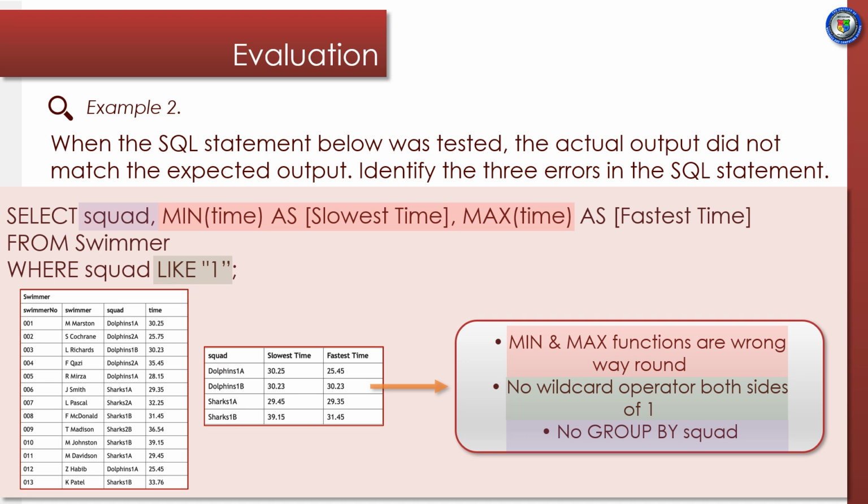So if you have 1 or multiple non-aggregate expressions, these must be included in a group by clause. So in this case we should have said group by squad. After evaluating this statement, we would decide that this SQL statement or query is not fit for purpose.